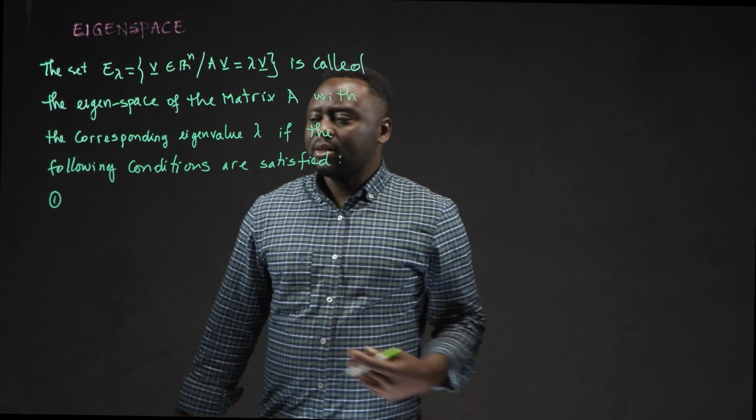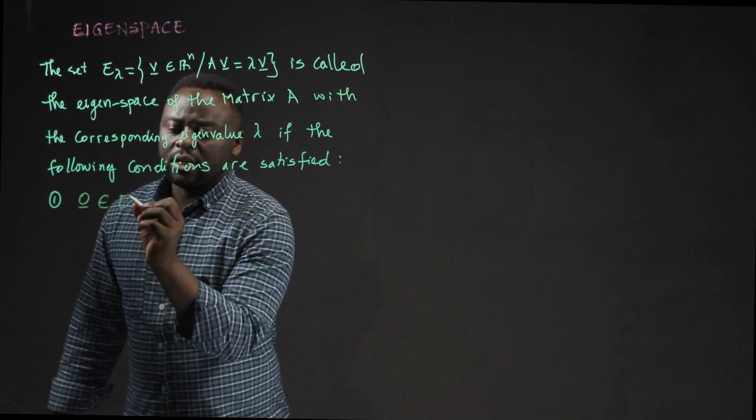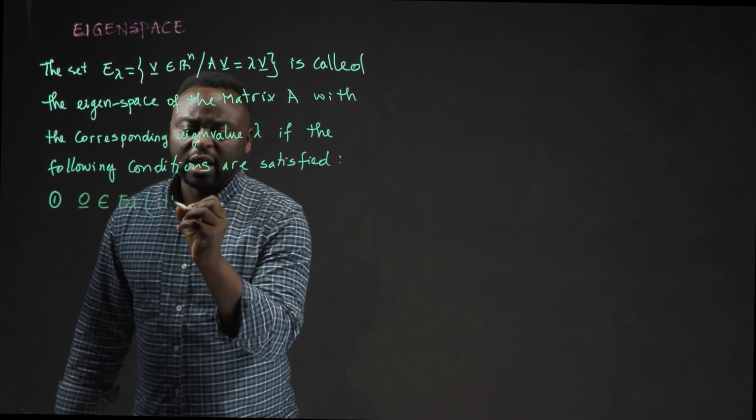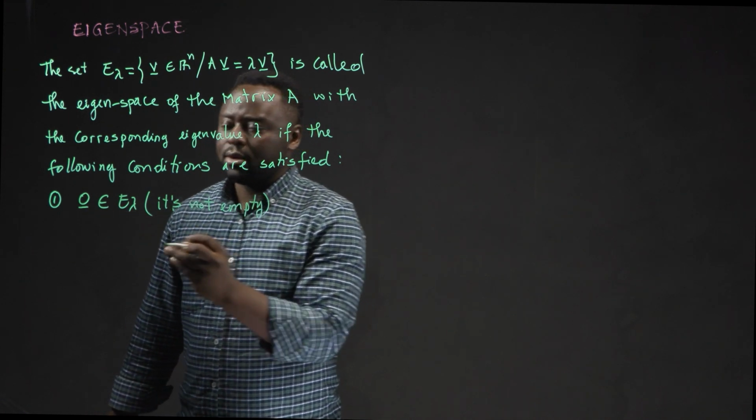We have to show that the zero vector belongs to E lambda. So this means it is not empty, even though the zero vector is not part of the eigenvalue.